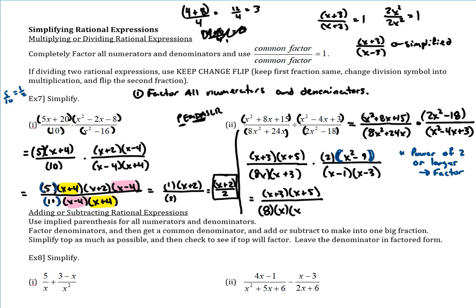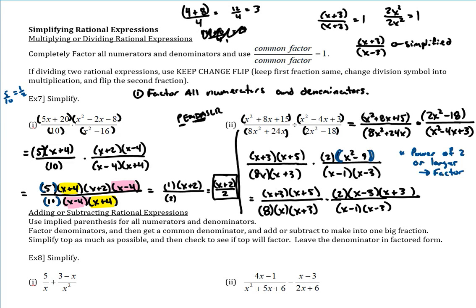So 8 and then x plus 3 times 2 in the top. And we said this is the difference of squares. Well, x times x is x squared. So here's my setup. And then I see 9 there, so I know 3 and 3 make 9. And so that's now completely factored. And then down below, I still have x minus 1 and x minus 3.